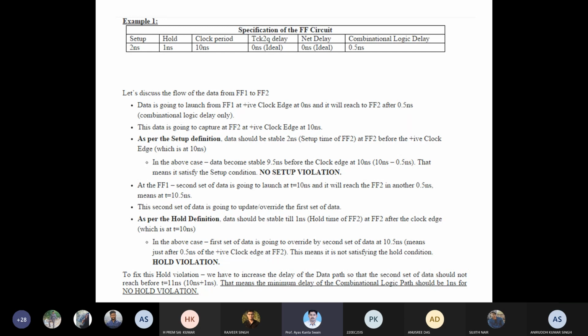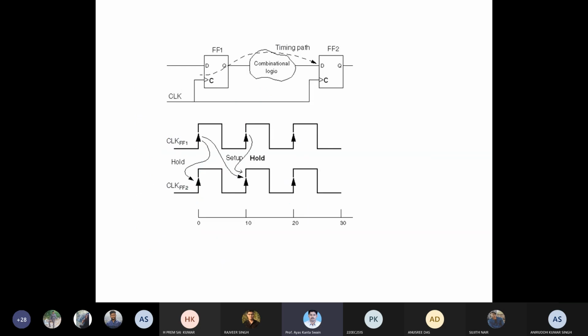So now you see our data is available after 0.5 nanosecond of the zero time unit. With respect to zero time unit, the launching edge of your data, data is available at 0.5 nanosecond.